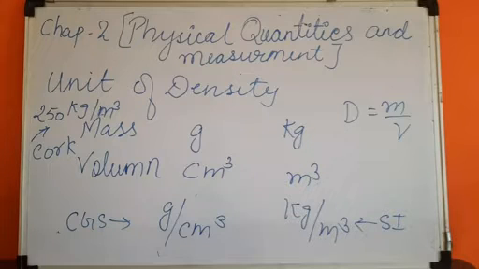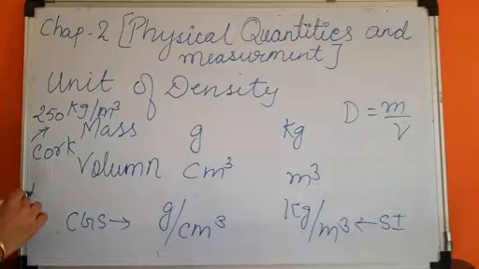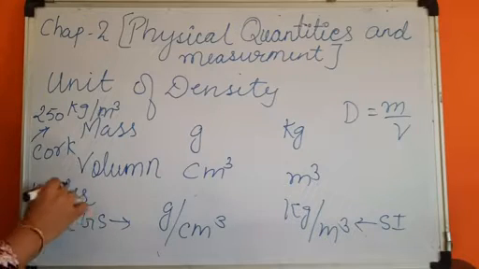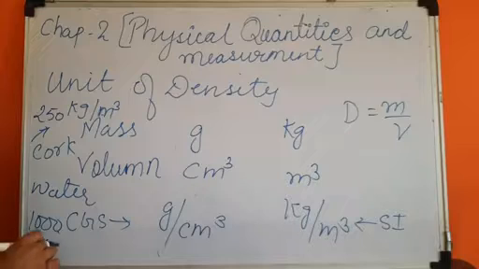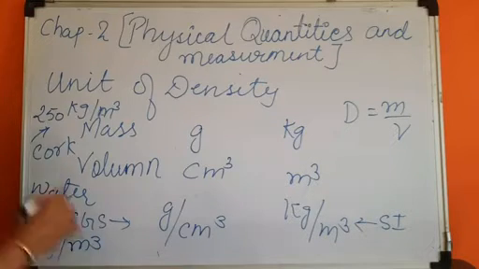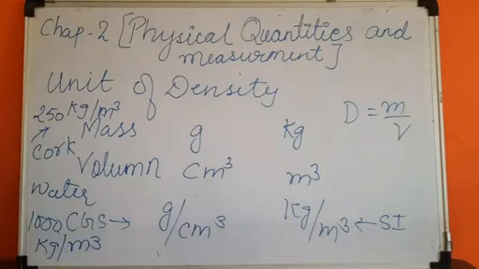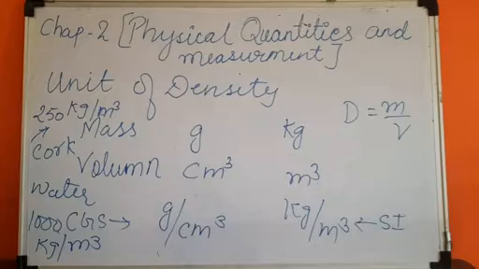And in liquids, the density of water is 1000 kilogram per meter cube, and in CGS system it is 1 gram per centimeter cube at 4 degrees Celsius. So these are examples of density of substances.